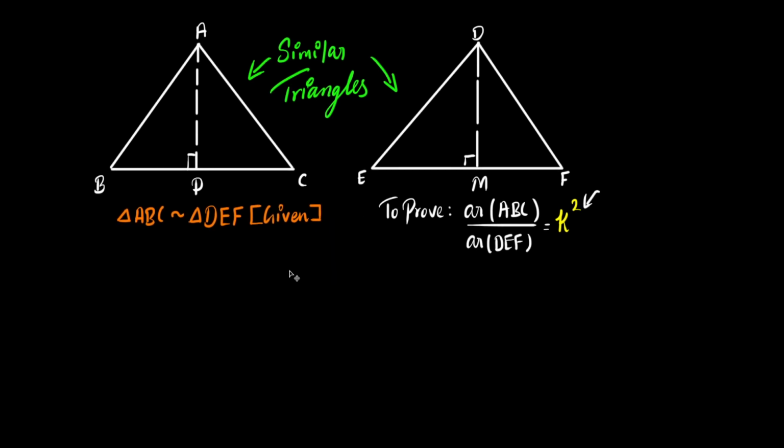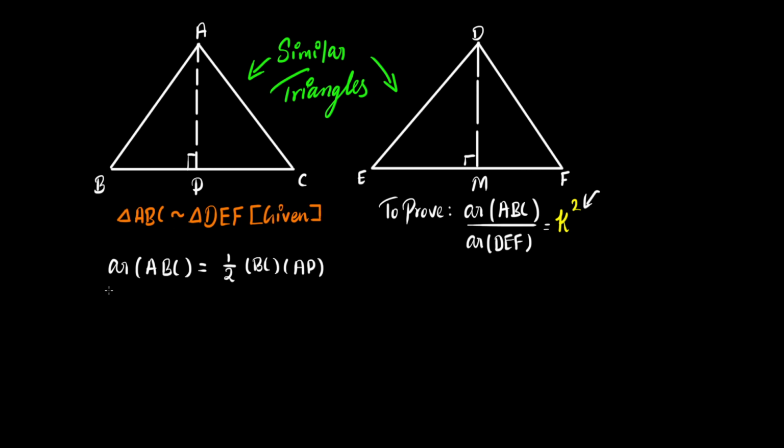All right, let's go down. We know the area of triangle ABC is equal to half times the base BC times the altitude, which we have denoted as AP.